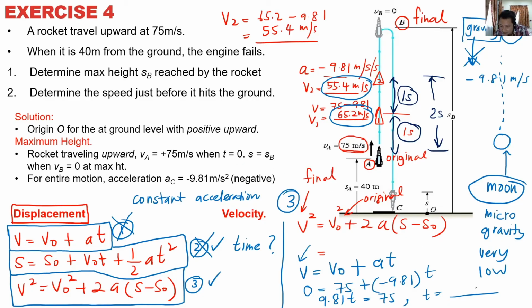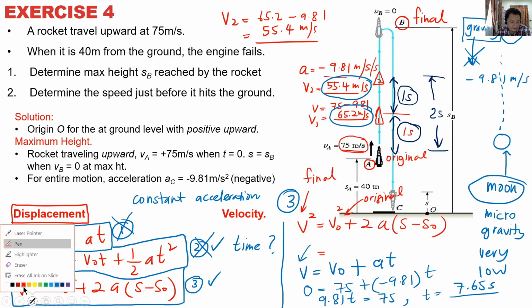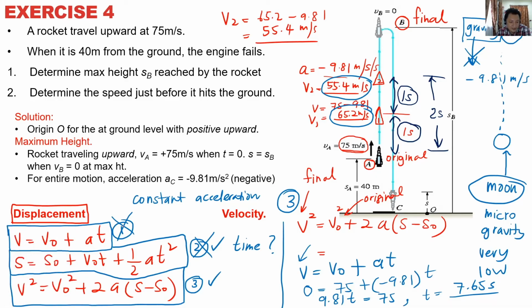So 7.65. 7.65 seconds. Oh, so equation number 1 pun you boleh guna juga. In 7.65 seconds, this rocket will be at the maximum altitude. Okay, maximum altitude. So equation number 1 boleh guna.